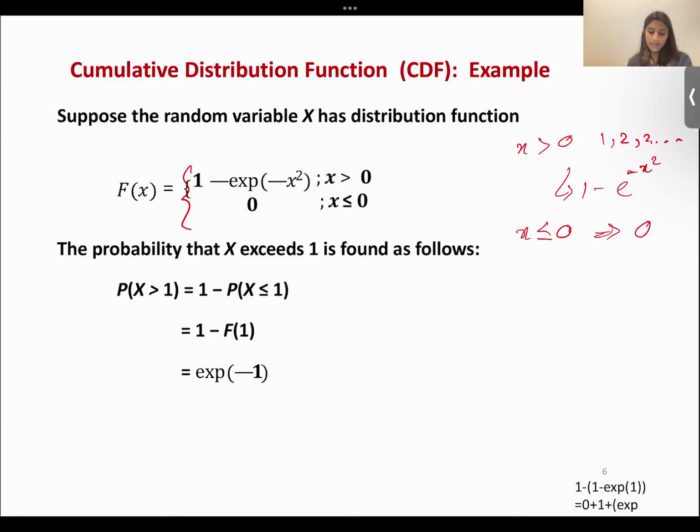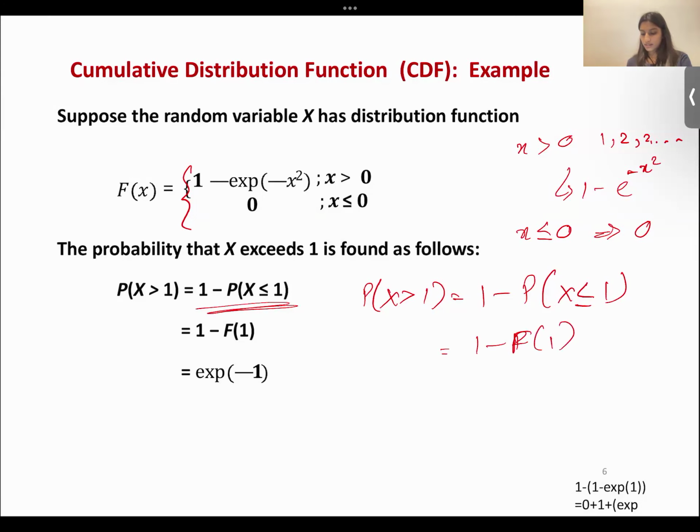So you want to calculate the probability of x greater than 1. The probability of x greater than 1 is equal to 1 minus the probability of x less than or equal to 1. By definition, this is what you have. So this would be just 1 minus F of 1.